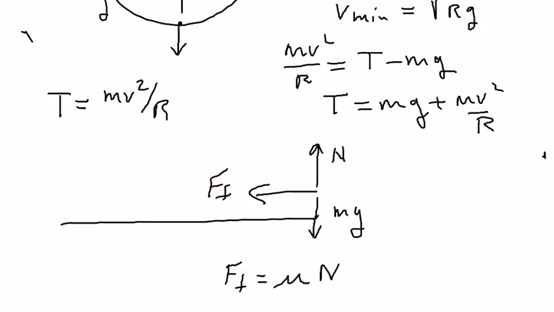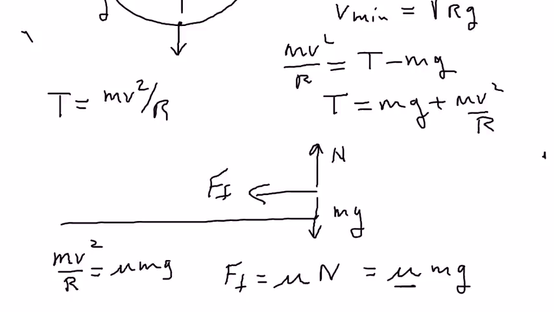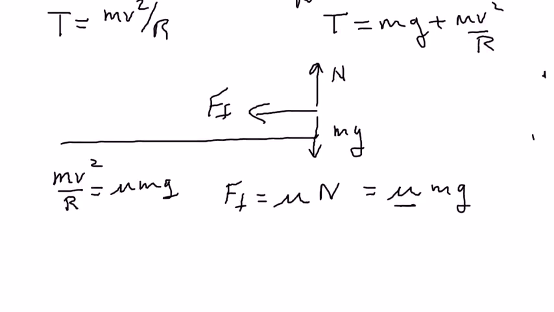In this case, for a level surface, the normal force is equal to mg, so that you could write an expression which relates the minimum friction for a car to go around in a circle: mv squared over r is equal to mu mg, and therefore you end up with this neat expression that says v squared is equal to mu g r.